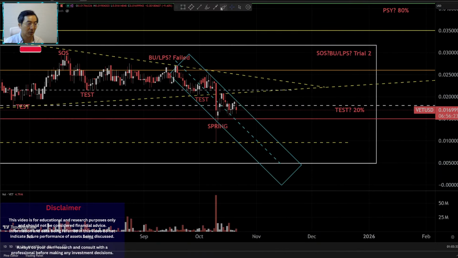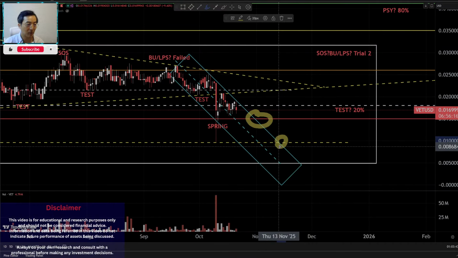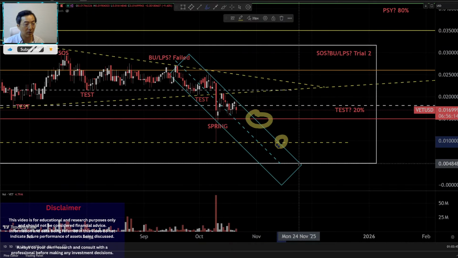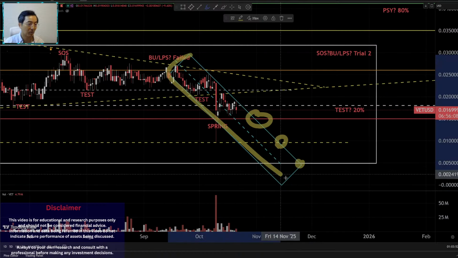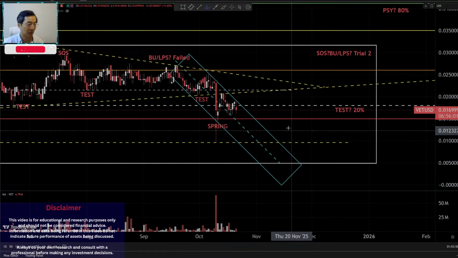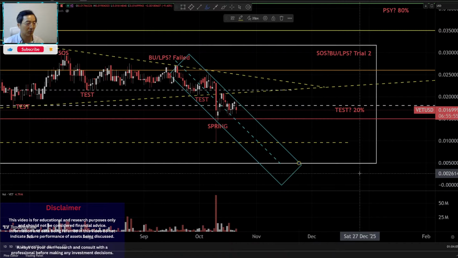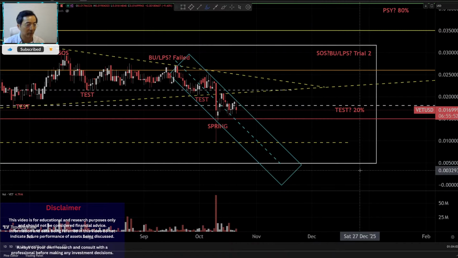So the first 2 chances it has are by the end of this month and next by the middle of November, and eventually by November 24th, 25th, that this downtrend has a chance to be broken. 3 chances in a month's time, from now till November 24th, 25th.